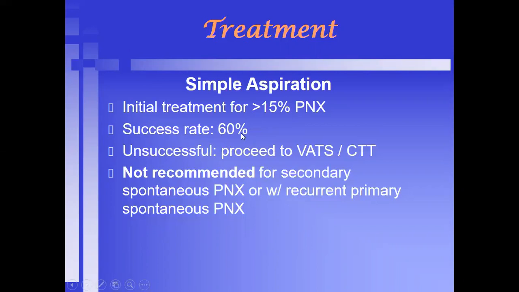If the simple aspiration is unsuccessful, then the patient might have to undergo VATS or CTT. However, if your patient has a secondary spontaneous pneumothorax or a recurrent primary spontaneous pneumothorax, then we avoid doing simple aspiration and proceed with the CTT or VATS.